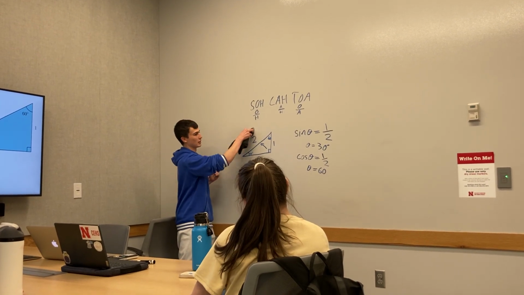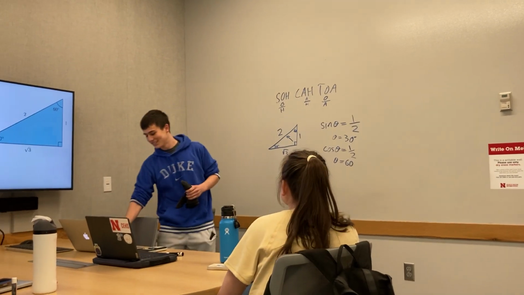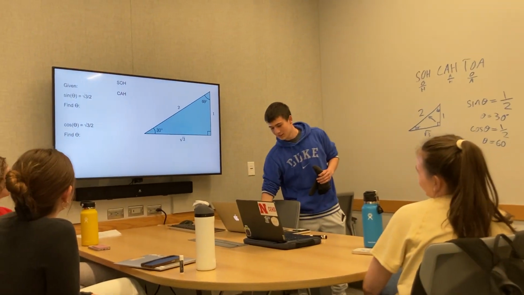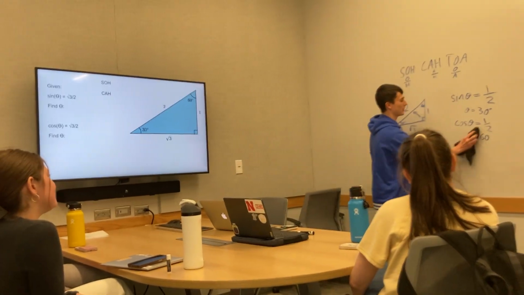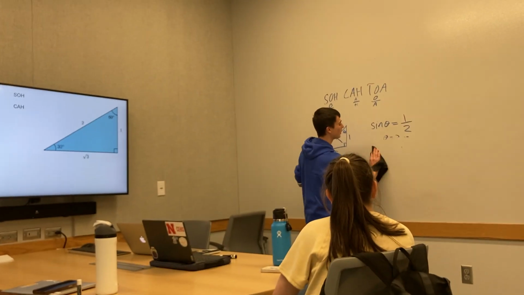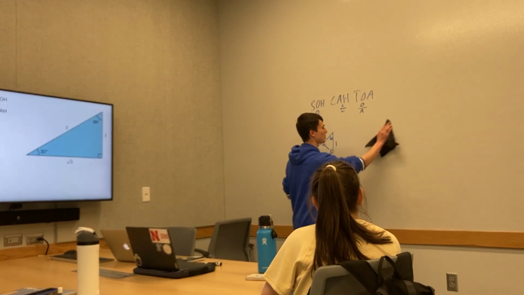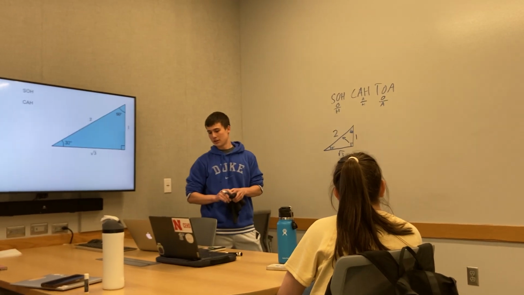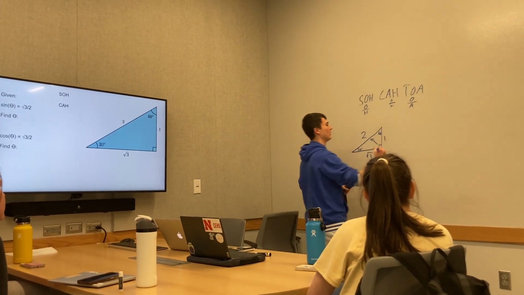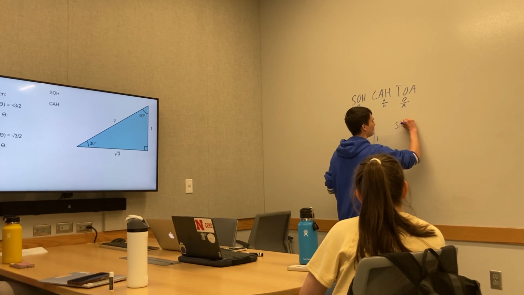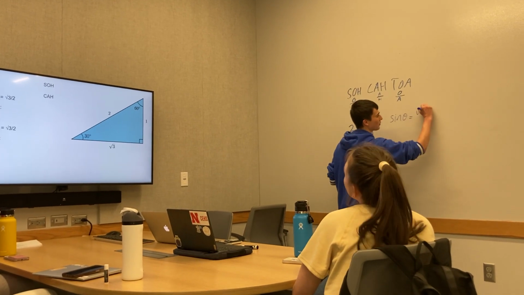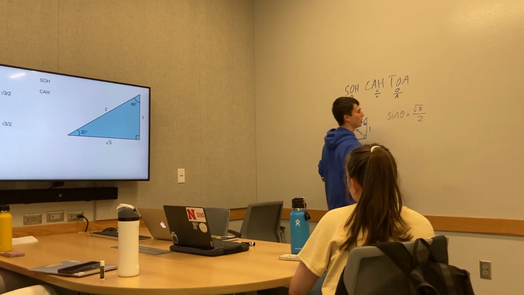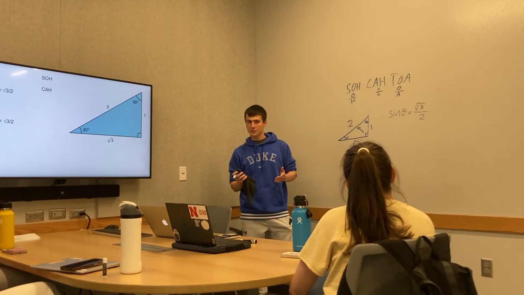And then we could do the same thing with the other triangle if we wanted to. It's the same process, but we're just using different sides. If we're given that sine of theta equals square root of 3 over 2, how are we going to go about this?